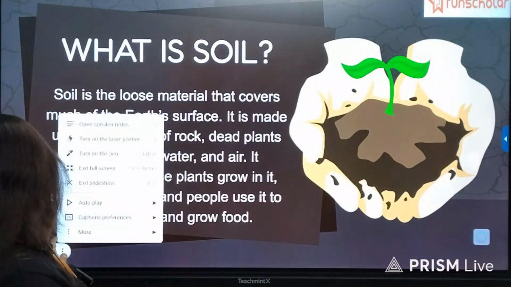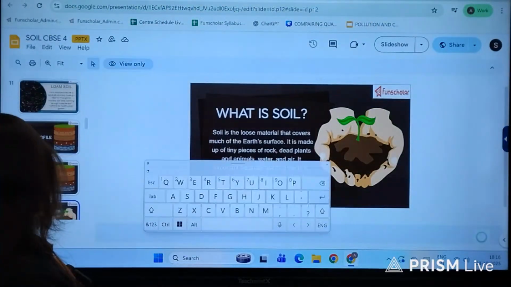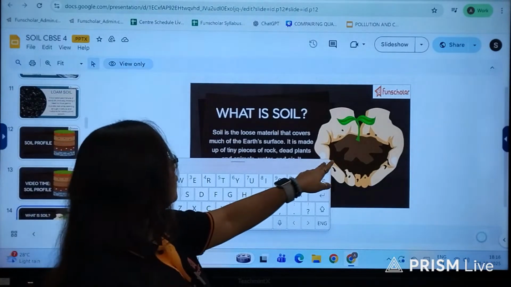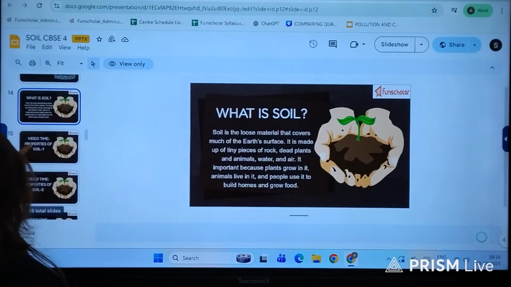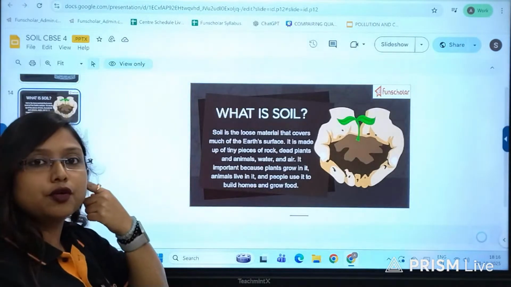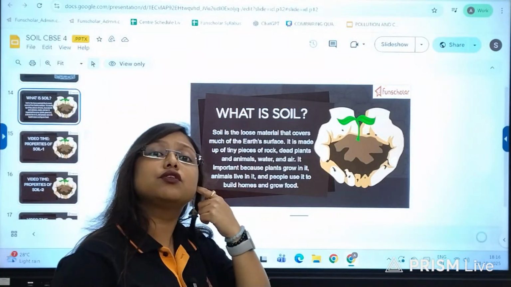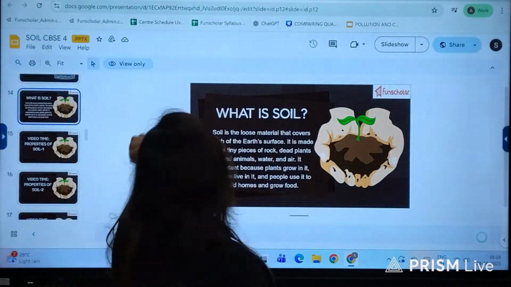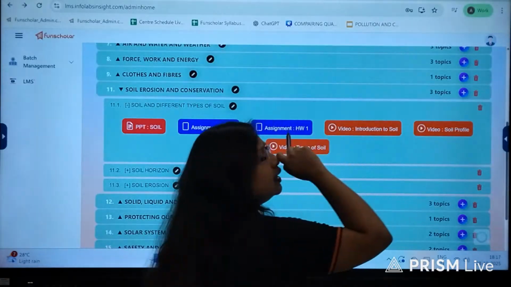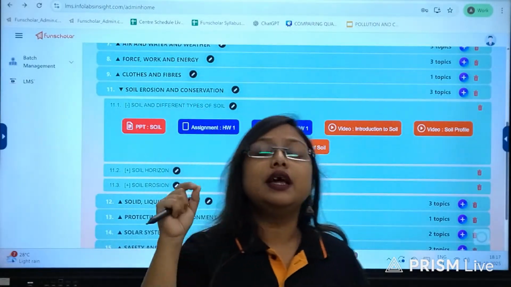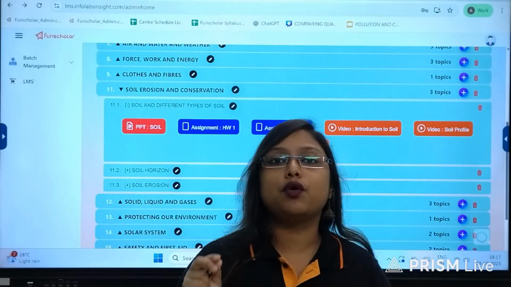Here is the video about this soil profile thing, but before that we will go through some properties of soil before starting this soil profile. Okay, so let's go through the property video. There is a free video, and that is an absolutely detailed explanation about soil.